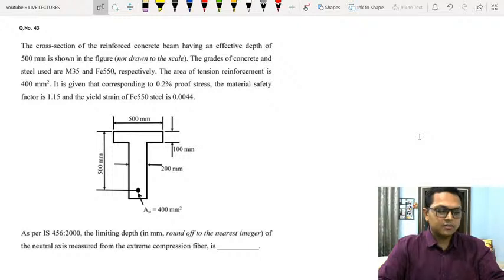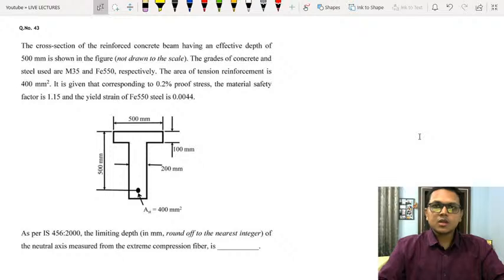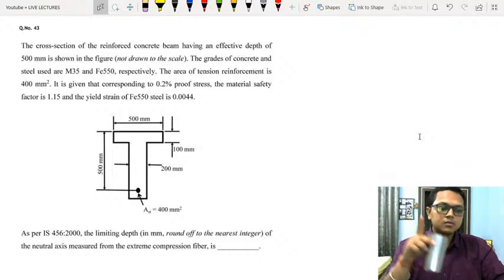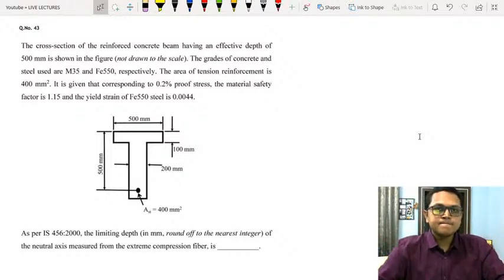Read this question thoroughly. Try to understand what has been asked in the question.